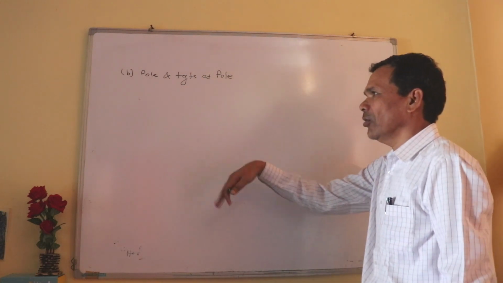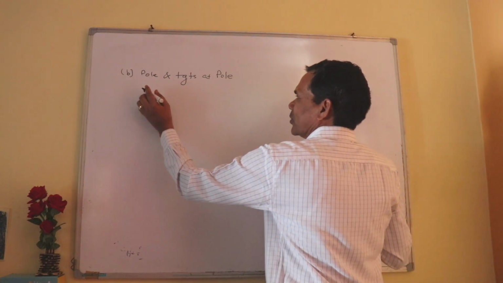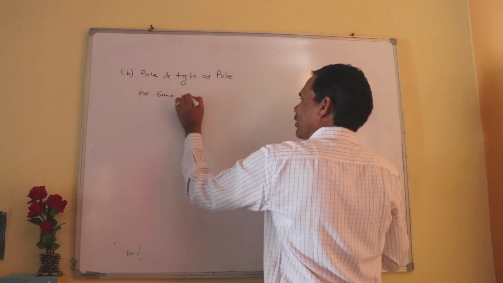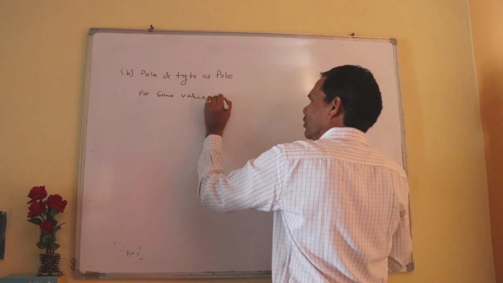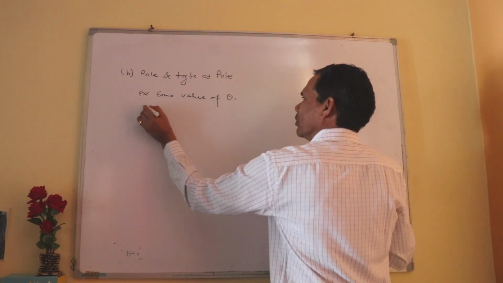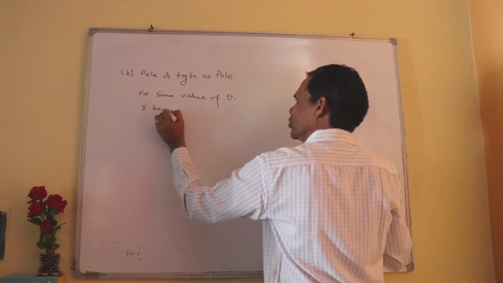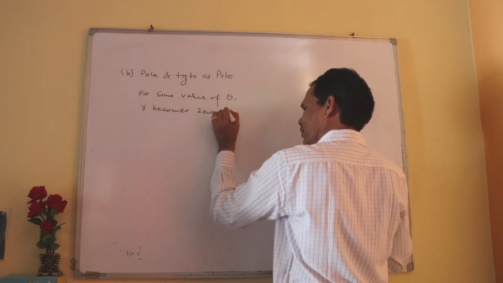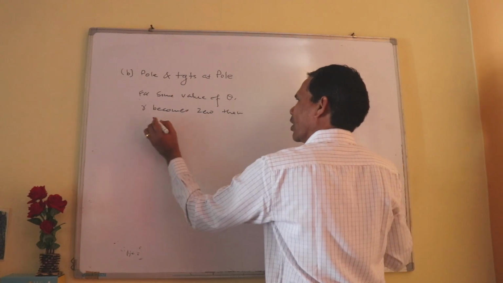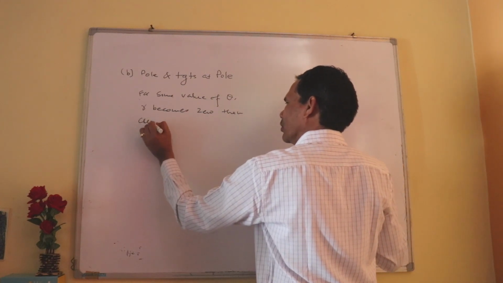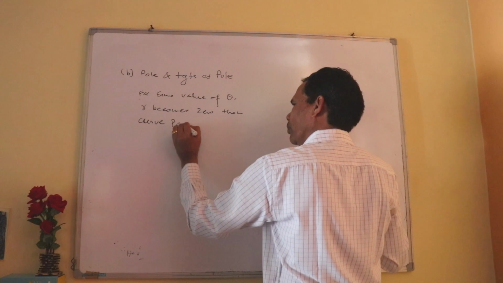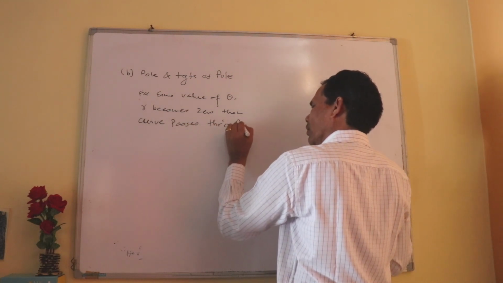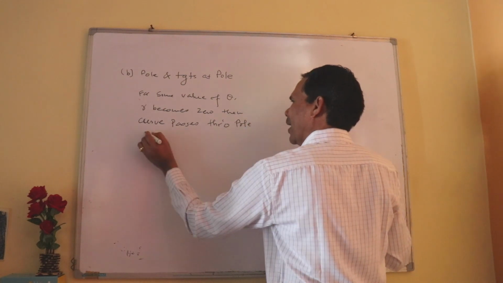As I said right now, for some value of theta, r becomes 0, then the curve passes through the pole, or the pole lies on the curve.